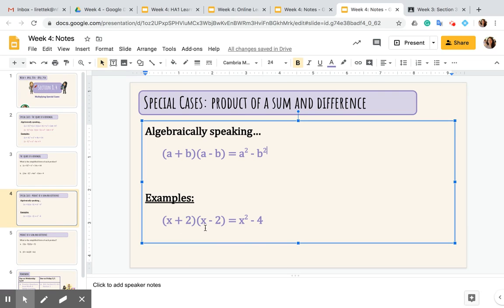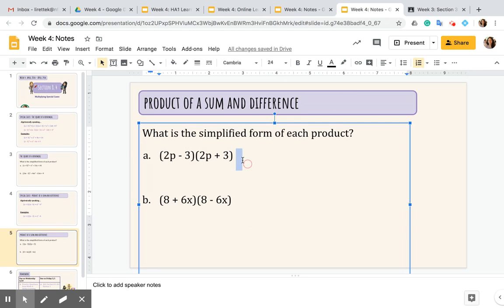X plus 2 times the binomial x minus 2. First term, when I square it, gives me x squared. Last term, when I square it, gives me 4, and I stick a minus sign in between, okay? And again, you can use FOIL or a table, but if you can remember that rule, it makes doing the work a lot quicker.